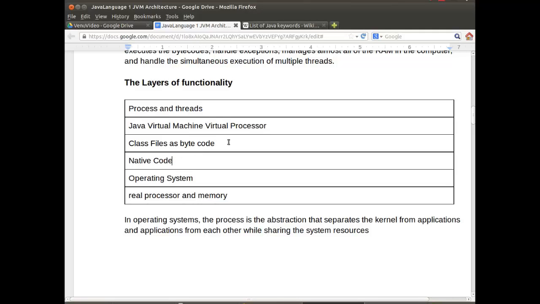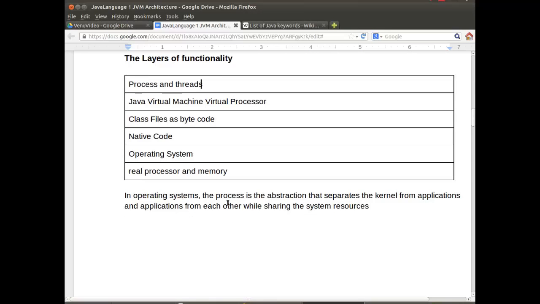So the bytecode that we create when we compile a Java program exists a layer above the native code. The Java machine's virtual processor reads the bytecode to execute instructions, so it's a layer above the bytecode. And when the Java Virtual Machine's virtual processor executes instructions, this is what runs our Java Virtual Machine process and its subprocessors called threads.